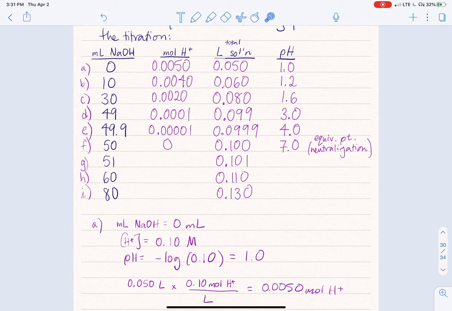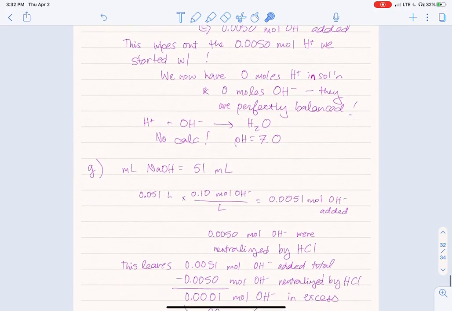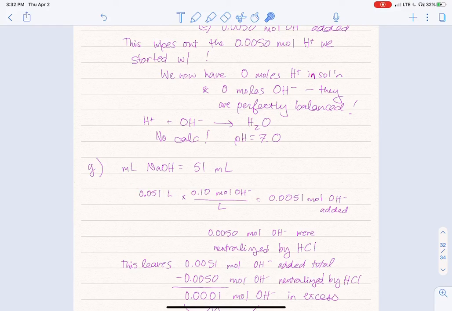Now we want to calculate what the pH is once we overshoot the equivalence point. Here we've added excess sodium hydroxide. So hydroxide is going to start controlling the acid-base chemistry of the solution, and we should see the pH go up above 7. So once we've added 51 milliliters of sodium hydroxide, that multiplied by the 0.1 molar concentration tells me that in total I've added 0.0051 moles of hydroxide.